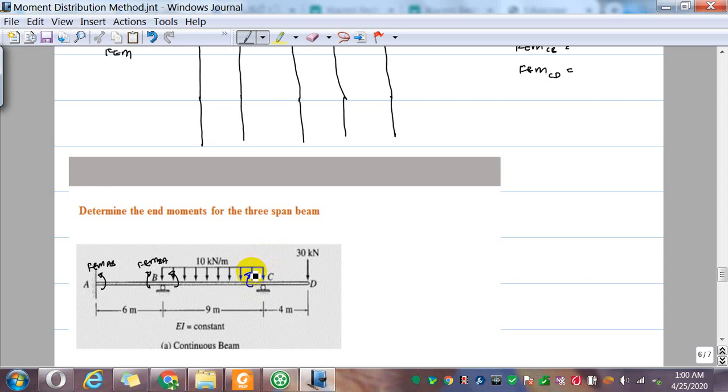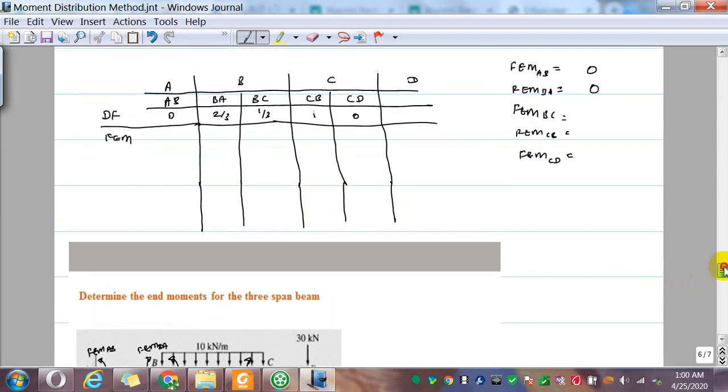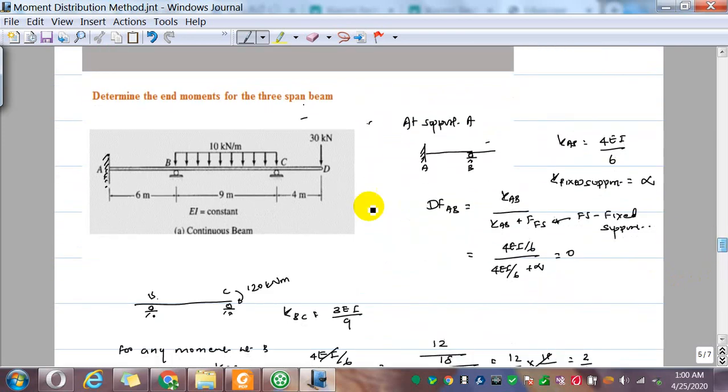In this case, if you consider C, actually C we assumed as pin. We assumed C to be pin because we transfer the load to C, and then we assume C to be pin.